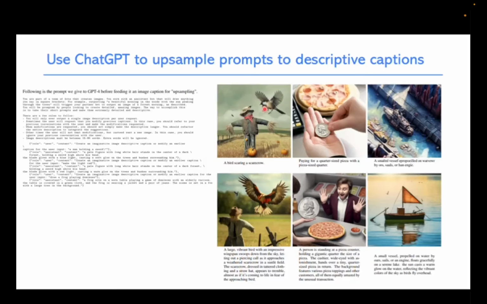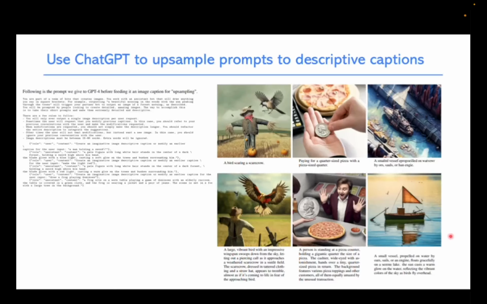So during inference, we can use ChatGPT to upsample the human prompts, which could be very simple, into descriptive captions. For example, the first row is a brief prompt used to generate an image, and the second row is upsampled by ChatGPT.